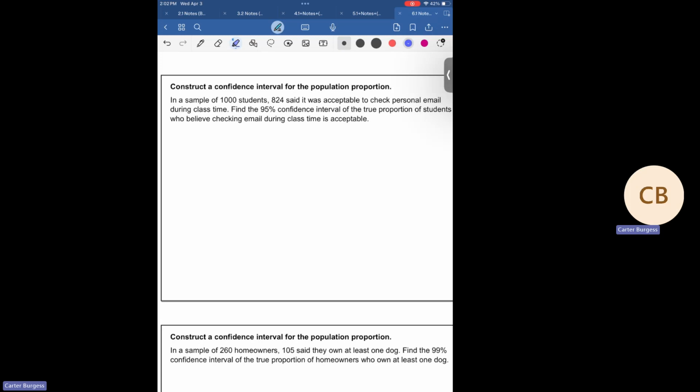X bar is X bar. S is the circle with the line. Yeah, so you just need your mean and your S.